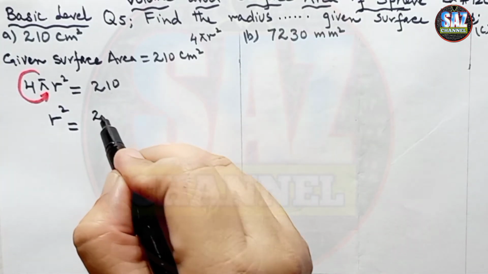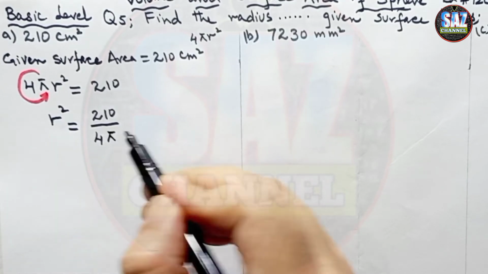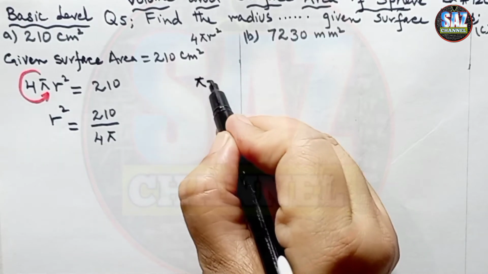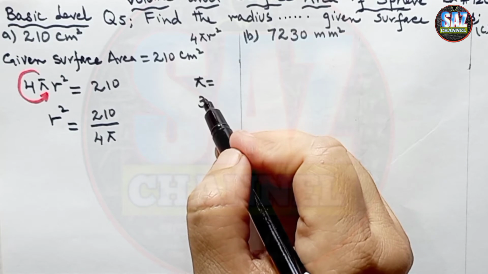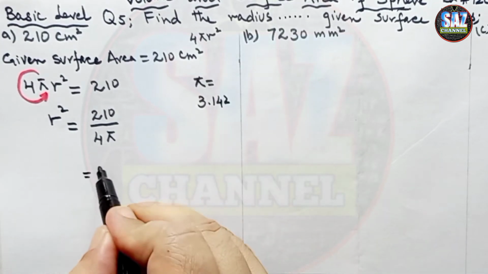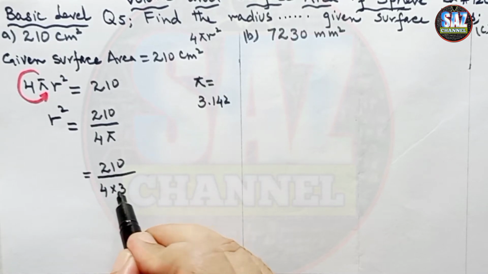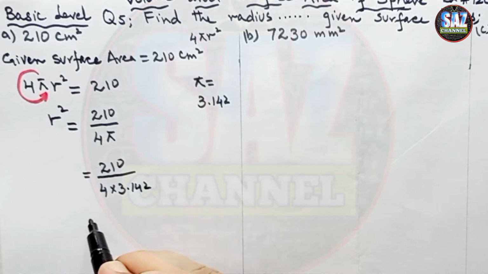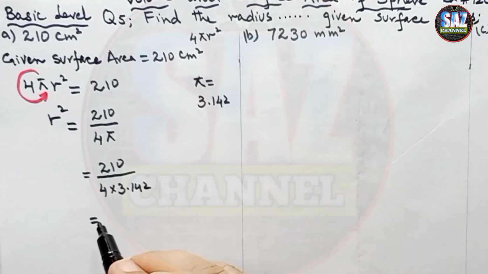210 upon 4 pi. If the algebra is good, then the next topics will also be good, and pi has a value 3.142 if it's not stated in the question, and the question is not saying anything about pi. So 210 upon 4 multiplied by 3.142, and 4 multiplied by 3.142 is 12.568.